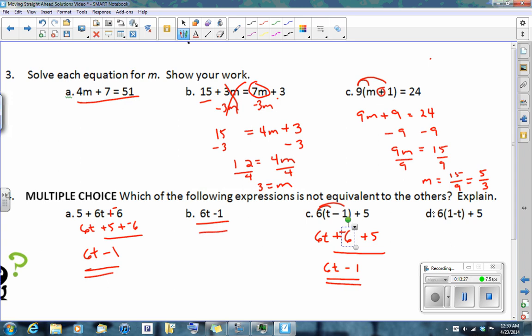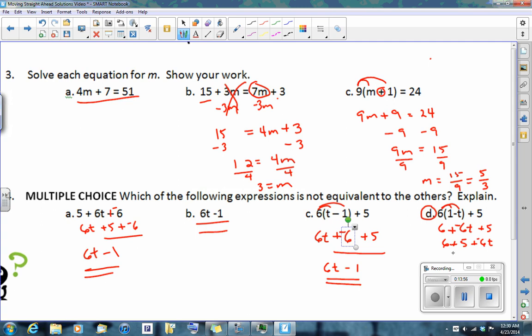So clearly the 1 is D. That doesn't match. We can prove it by just distributing. 6 times 1 is 6, minus, since they were subtracting, 6 times t is 6t, plus 5. Using that KAO, you can rewrite this to adding opposite. Whether you do it in your head or you write it down, we can shuffle these around a little bit.